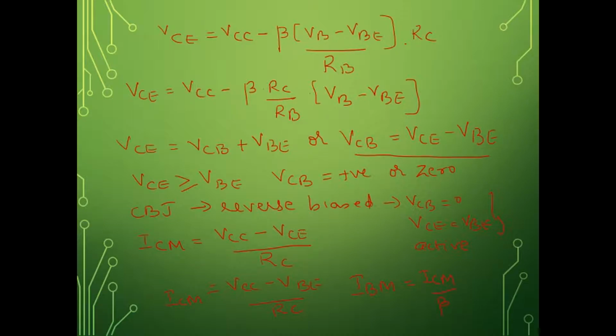So now let us see, if the base current is increased above IBM, what is going to happen? If the base current is increased, obviously VBE will increase. Then what will happen to the collector to emitter voltage?